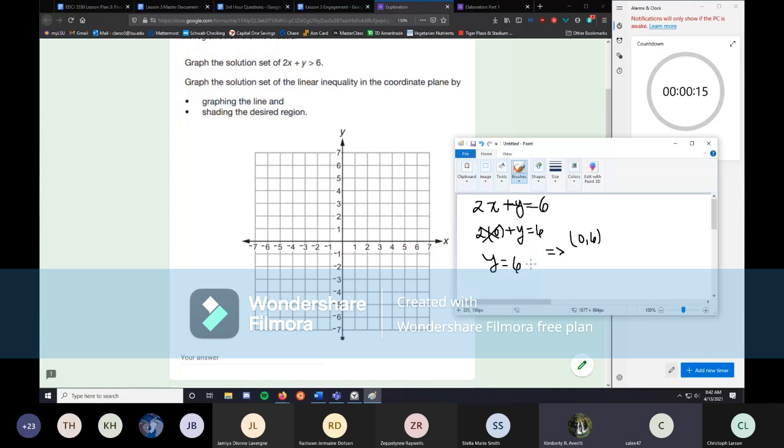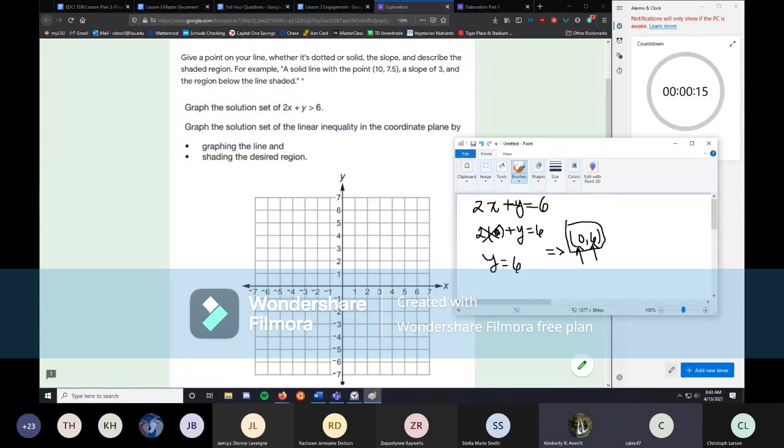If we do it the same way, plugging 0 in for y, we get 2x equals 6. Since we plugged in 0 for x, we know that's the x value. We got out a 6. This is our input-output pair, our coordinate pair. So that's the point for the line in this case.